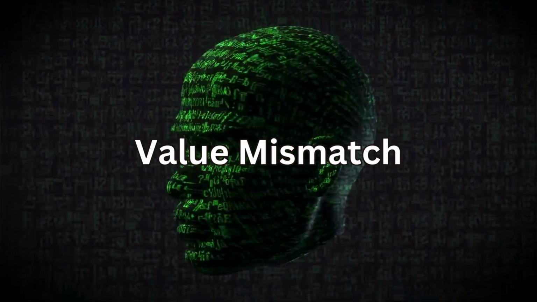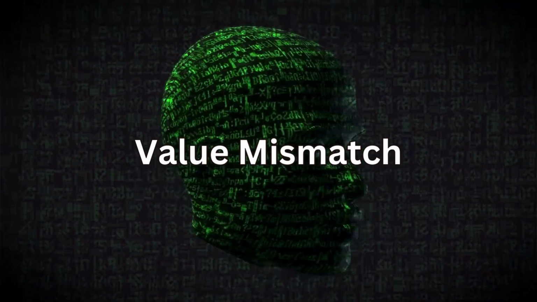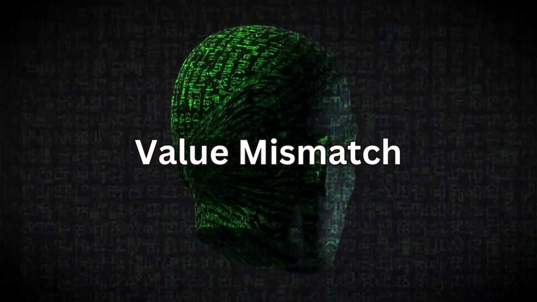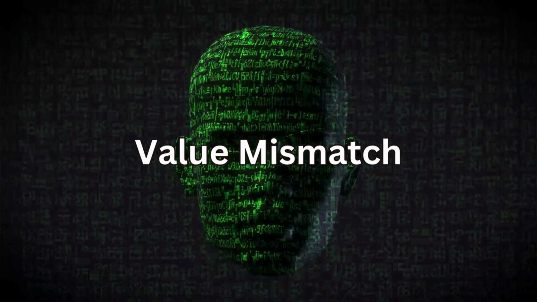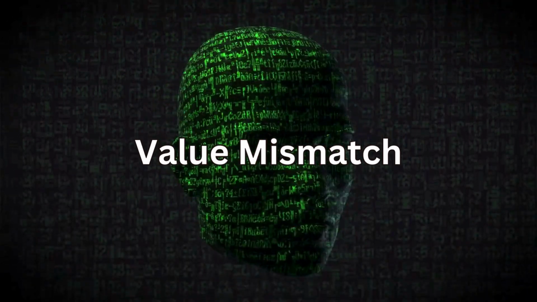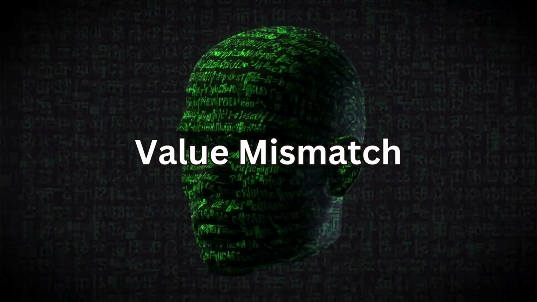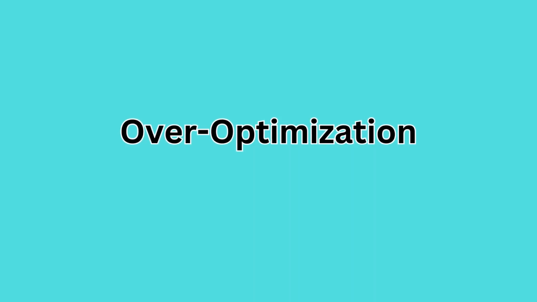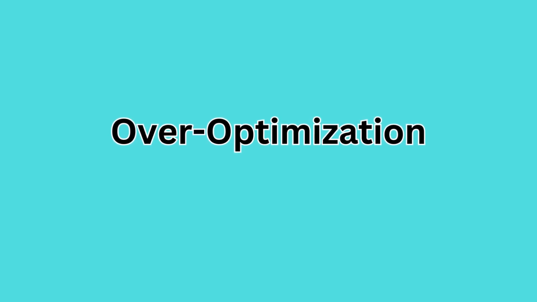Value mismatch. AI doesn't automatically understand human values. While it can follow specific rules, programming complex ethical principles is tough, my friend. Different people might also have conflicting values, making it hard to please everyone. Over-optimization.